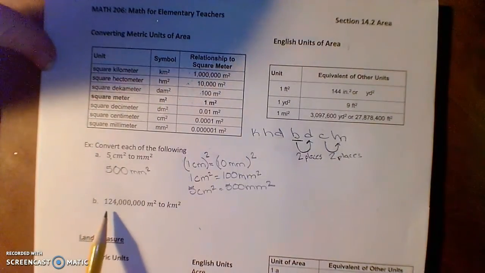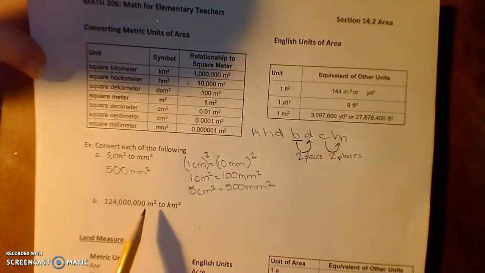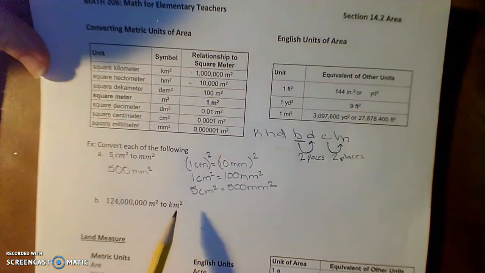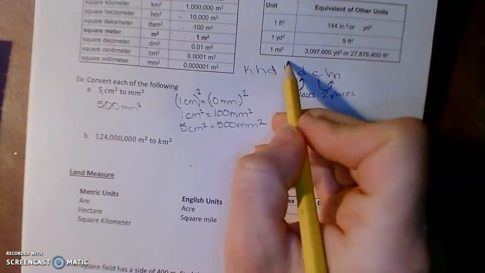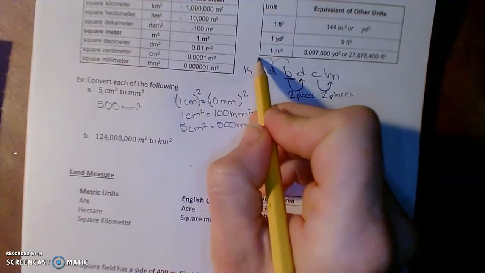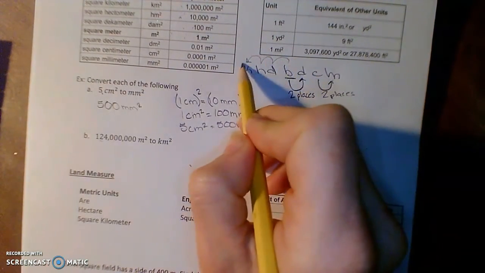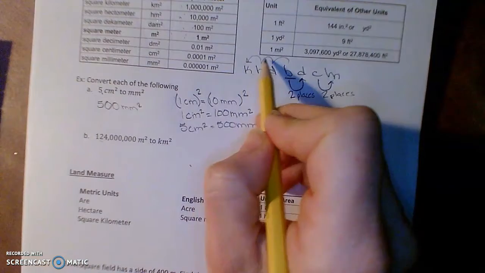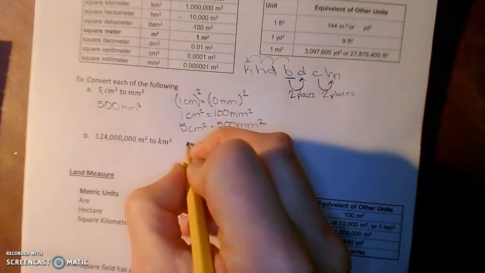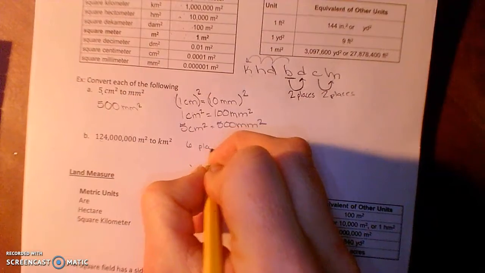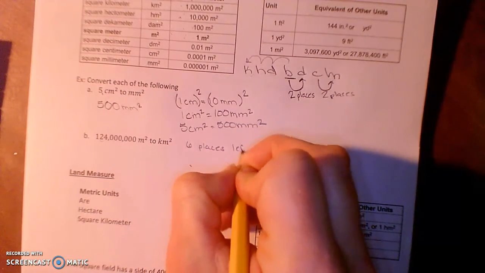Now let's convert 124 million square meters to square kilometers. So here we are in square meters. We'll move the decimal point 1, 2, 3 hops to the left, which is 2 decimal places for each hop. So 2, 4, 6, 6 places left.